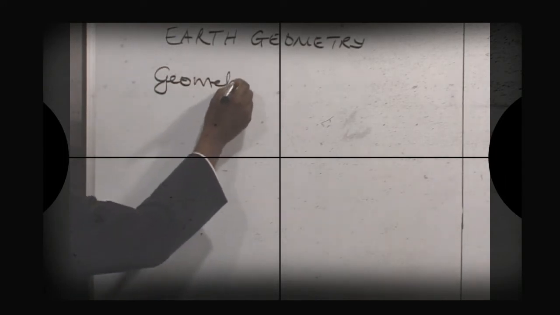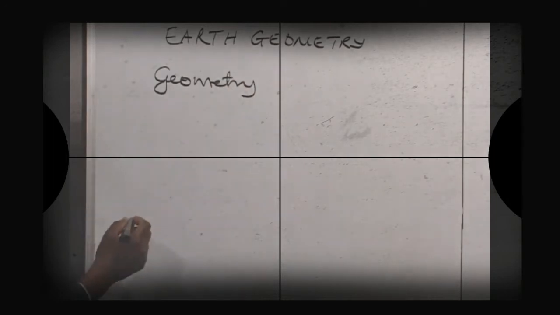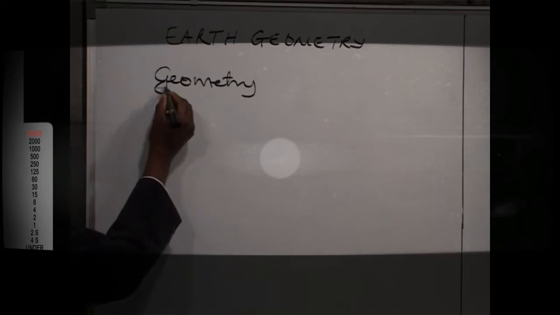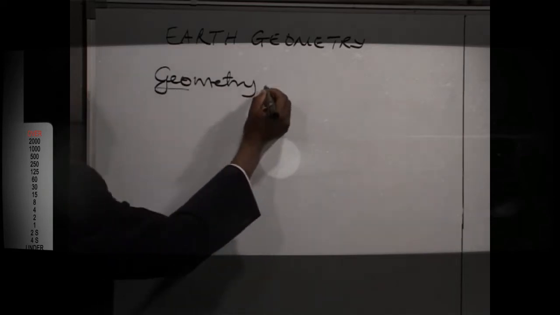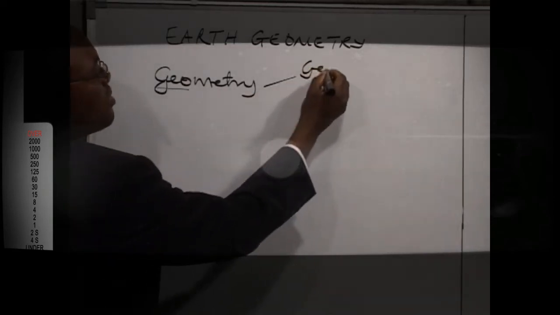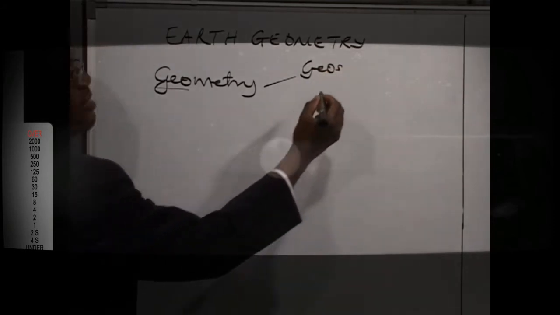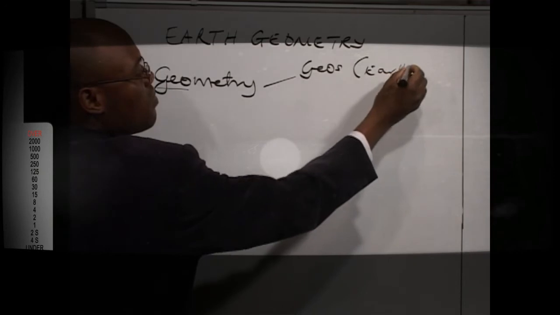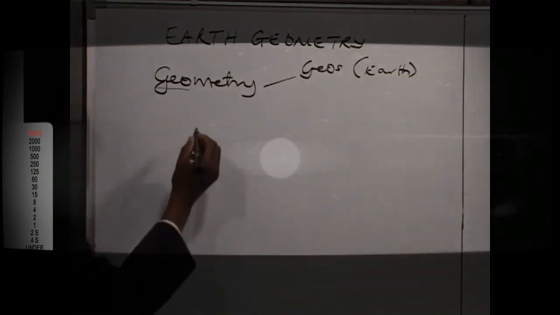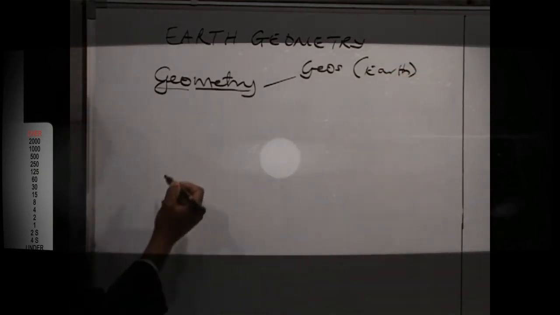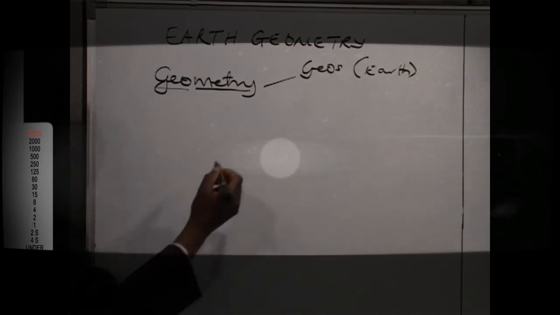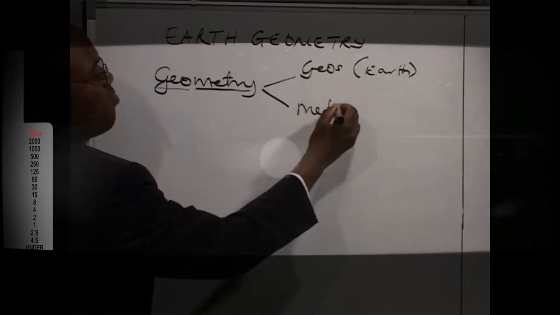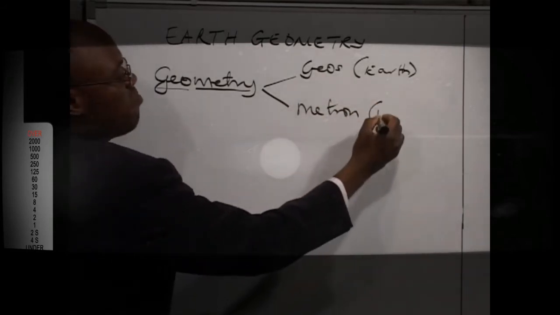which is made up of two words. There is what we call geo. You can say geo, which means earth. And then the other word is metri. In Greek we say metron. Metron, which means measure.